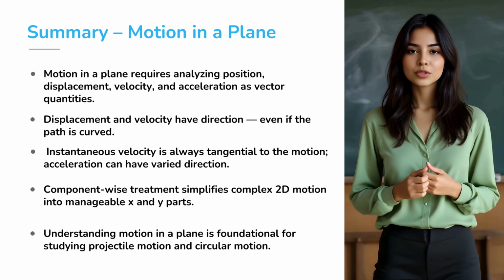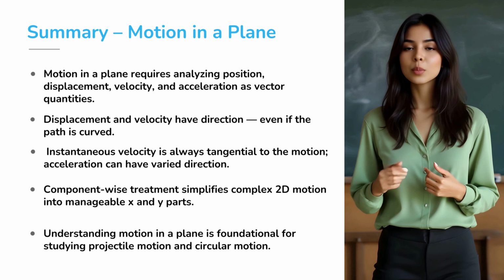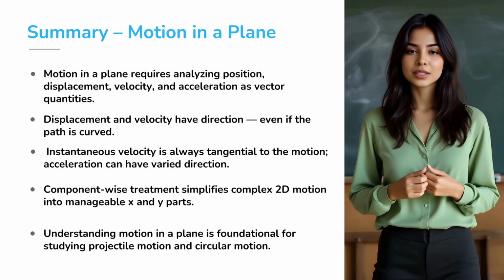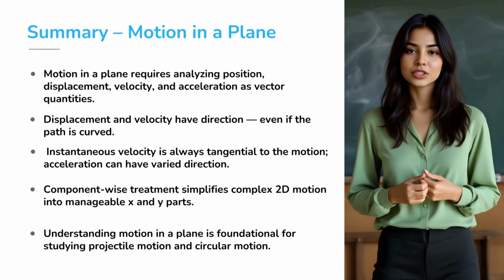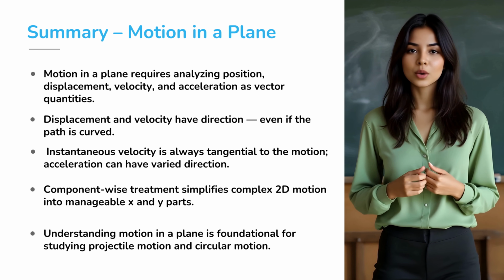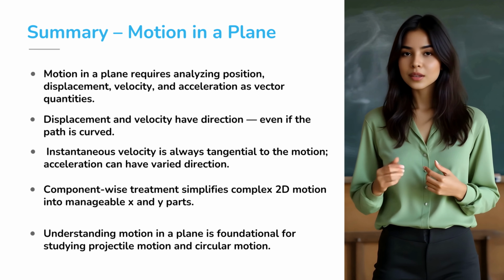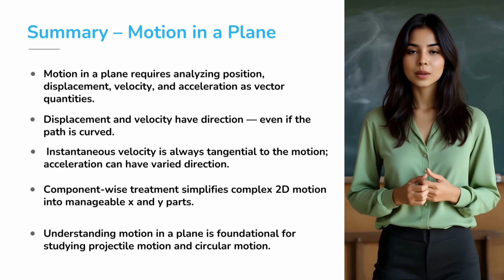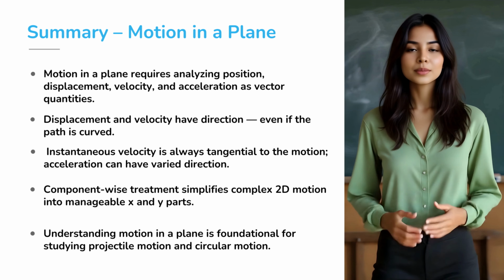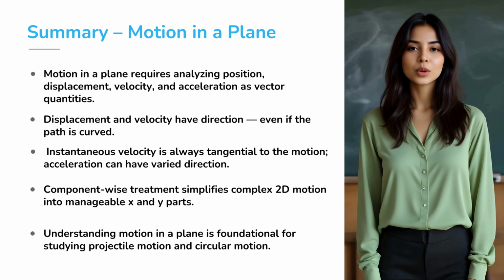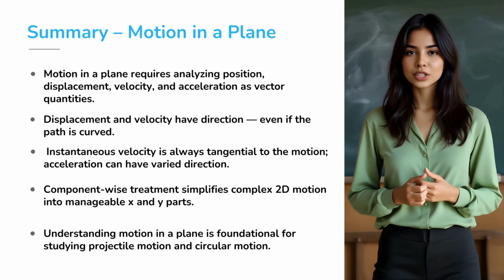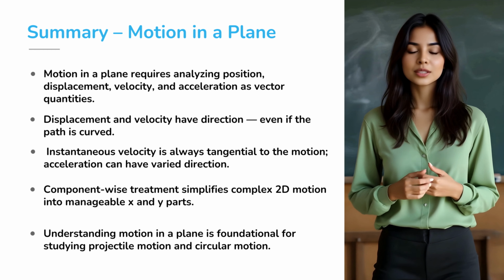Real-life examples from sports, aviation, and robotics clearly show how useful this concept is. So next time you throw a frisbee or see a drone hovering sideways, you'll know it's all motion in a plane explained by physics. I hope this session gave you a clear understanding of how two-dimensional motion works using vectors.